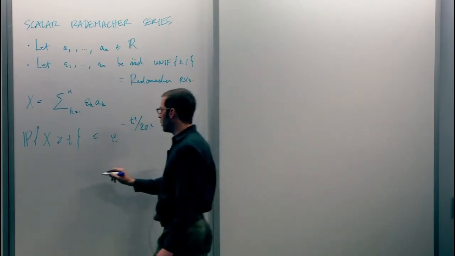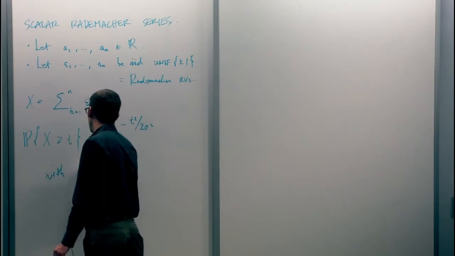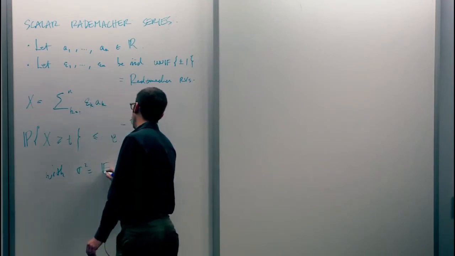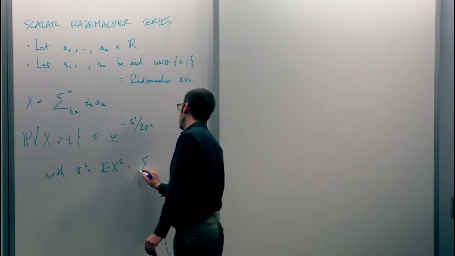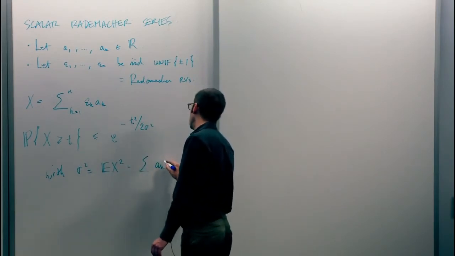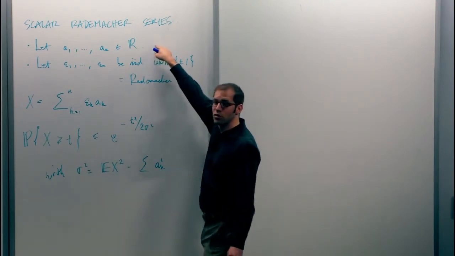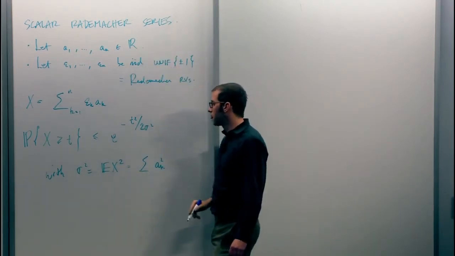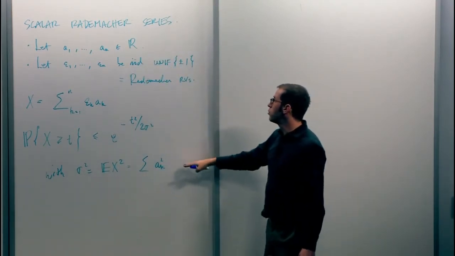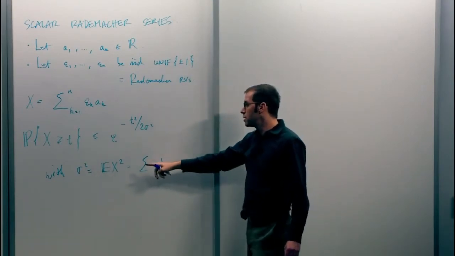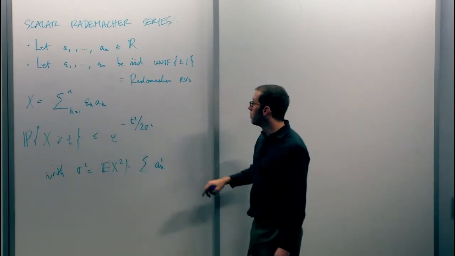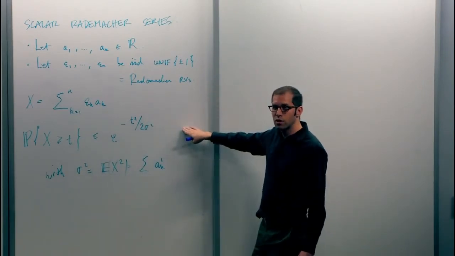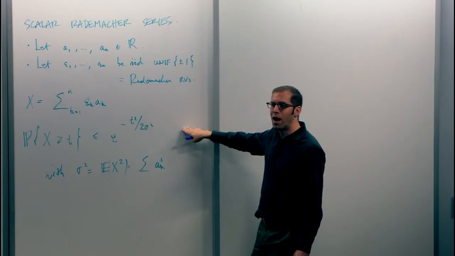And the variance is just the expectation of X squared, which you can easily compute as the L2 norm of the sequence of coefficients. So the L2 norm of the sequence of coefficients is, in fact, the variance of this random variable, and it controls the moderate and large deviations of this random variable.